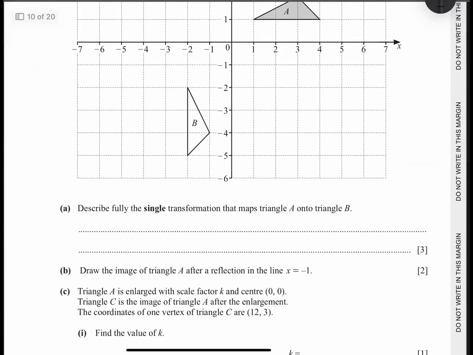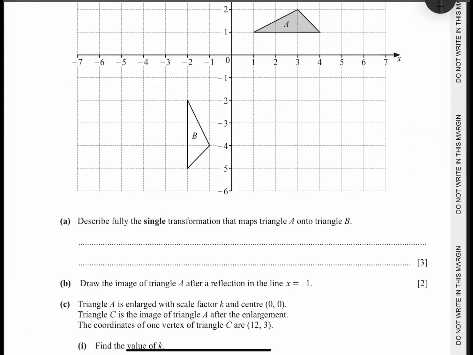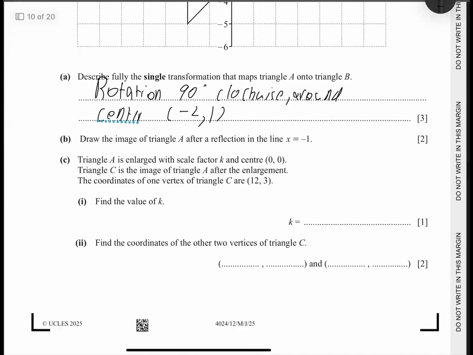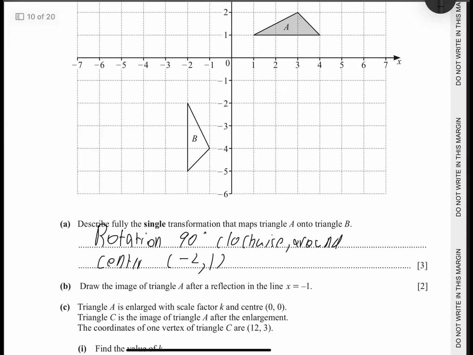But we can clearly tell with this one, it's an easier one, that it's rotating around 90 degrees around center minus 2, 1. Draw the image of triangle after reflection in line x equals minus 2.